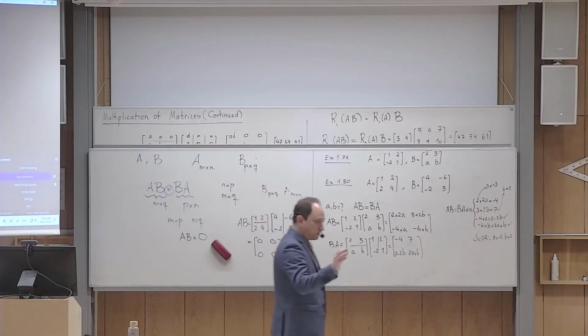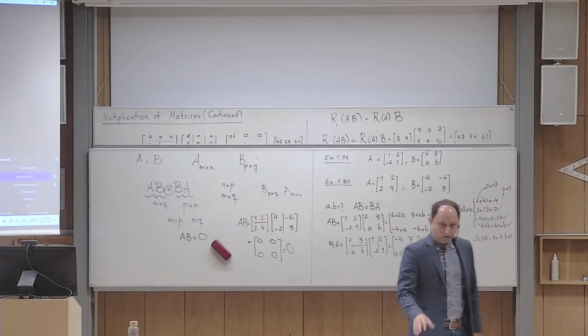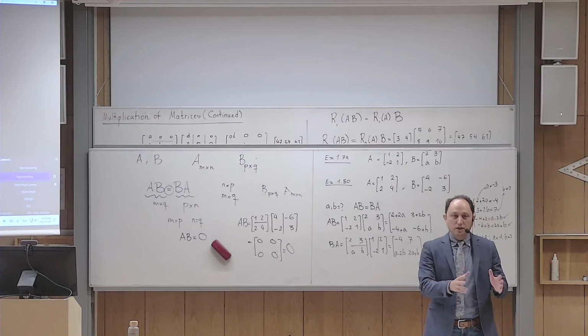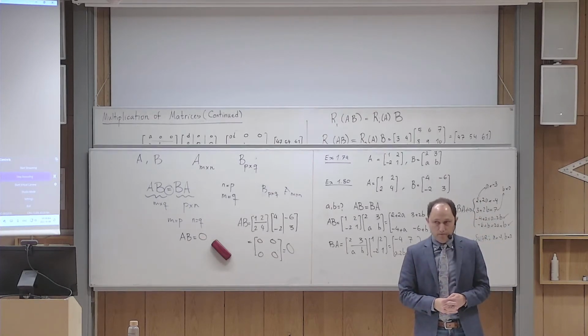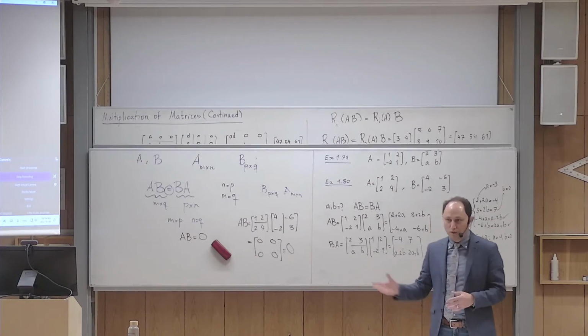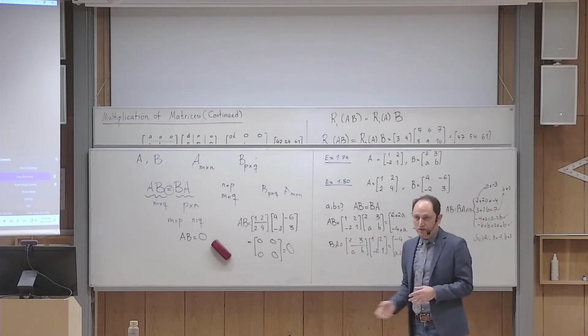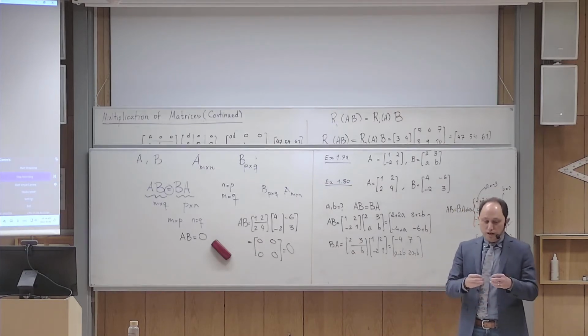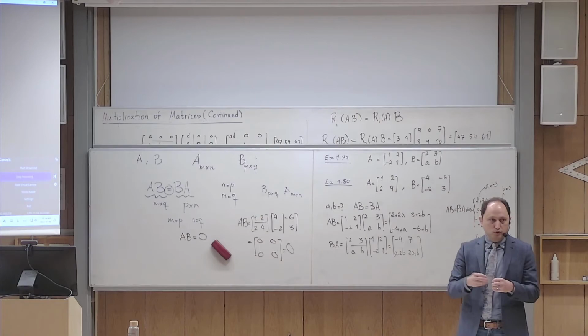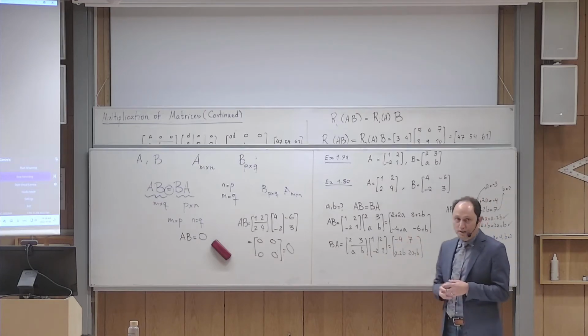Let me just remind you what we are doing right away. The title was comparing the matrix algebra and number algebra. So what is the message of this example to you? Because I want you to understand the deviations from normal algebra. Can you compare this?